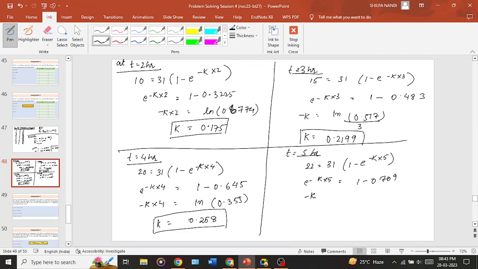Then e to the power minus k into 5 is equal to 0.291, so minus k is equal to ln 0.291 by 5, which will be around... so k will come as... you can use your calculator. Okay, here it is, 0.2468.